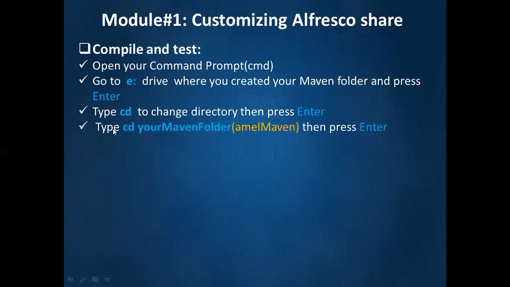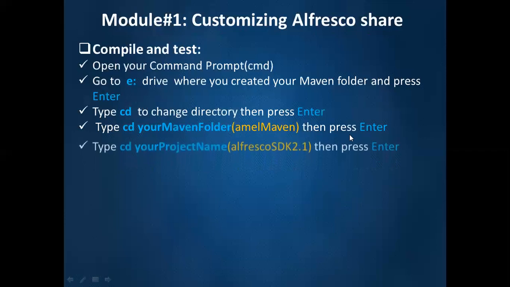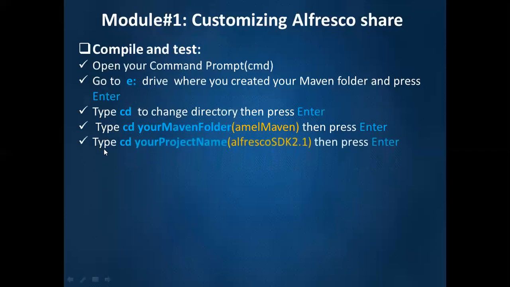So as I told you, type cd space your Maven folder. My Maven folder is Amen Maven, so I will type cd space Amen Maven, and then I press enter. After that, I will write again cd space my project name.